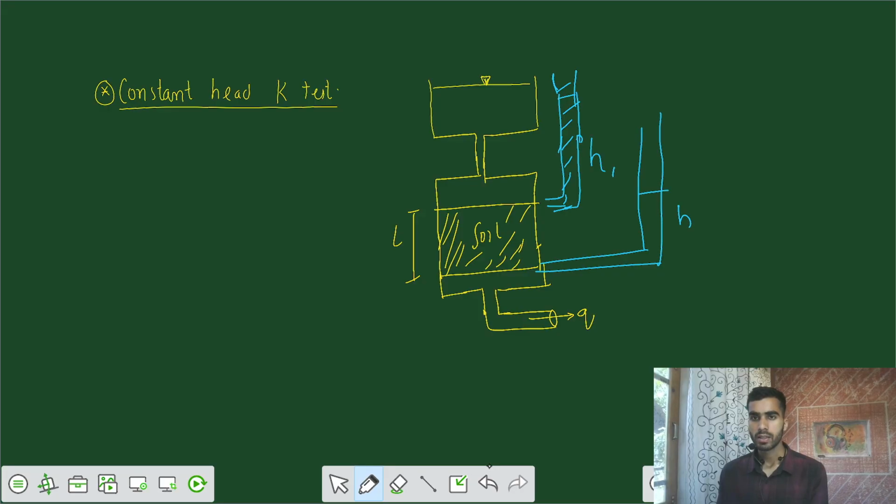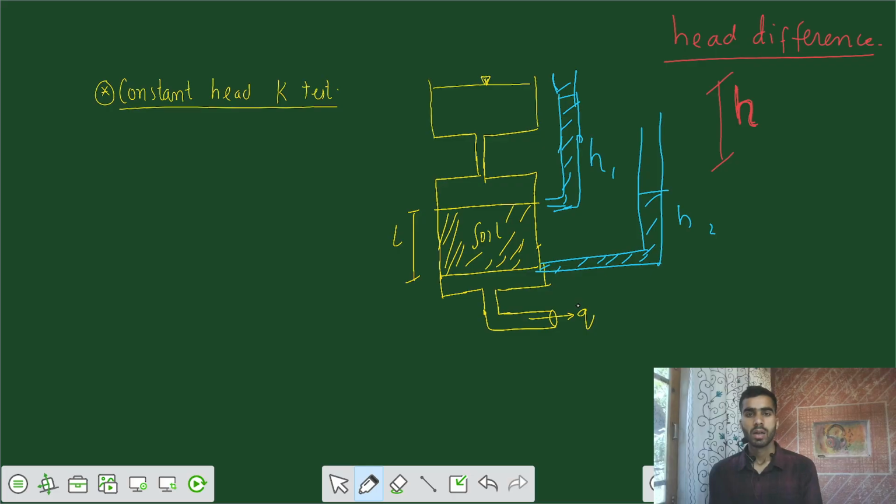These are the manometric head levels. The head difference between the two sections I can write as small h.